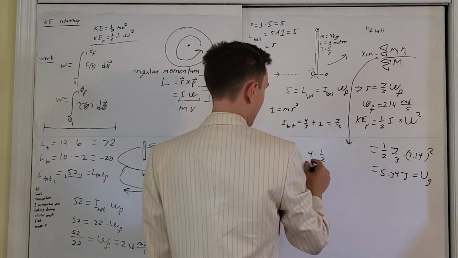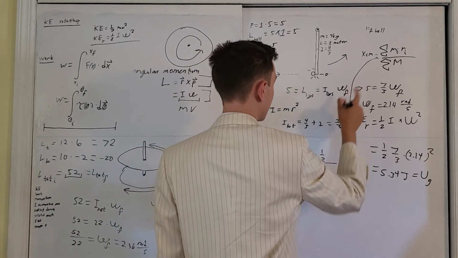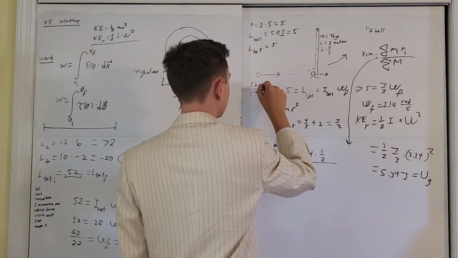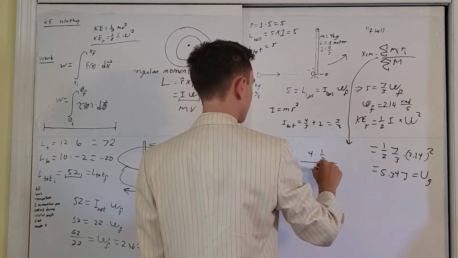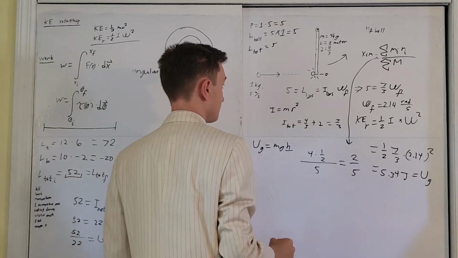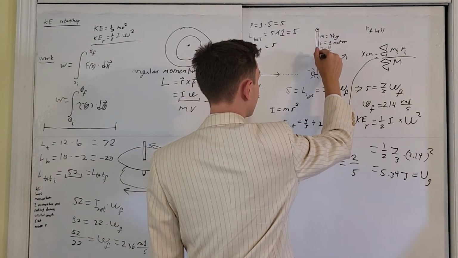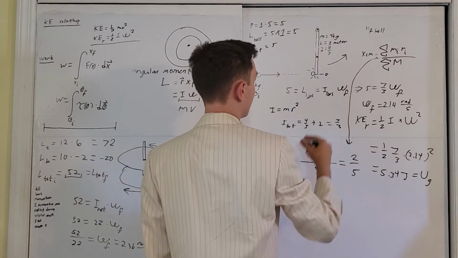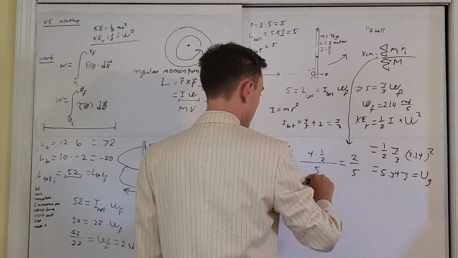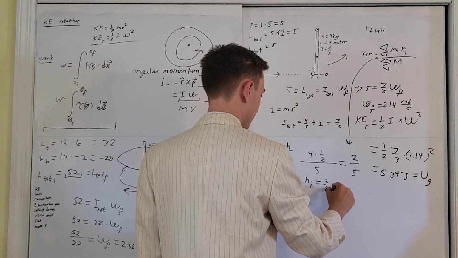So now this is our total contributions in the numerator, and now we need to calculate the denominator, which is going to be the mass of the rod plus the mass of the ball to get the mass of the whole system, 5, which therefore simplifies to 2/5. So the center of mass of the system is going to be 2/5 of a meter above our reference point, 0. So now we know the initial height of our system. The initial height of our system is 2/5 of a meter.